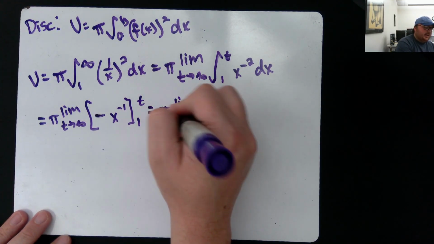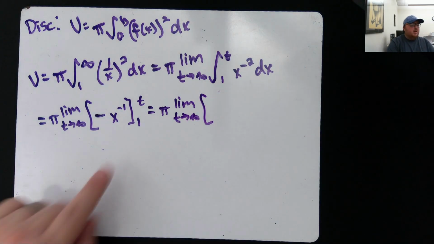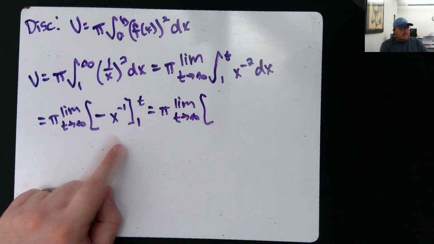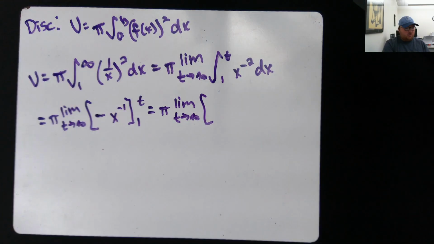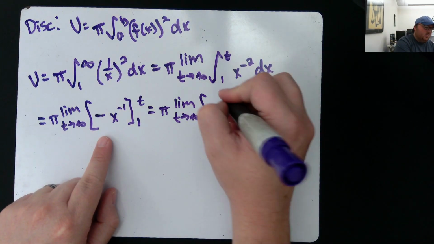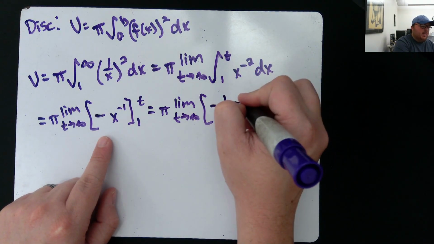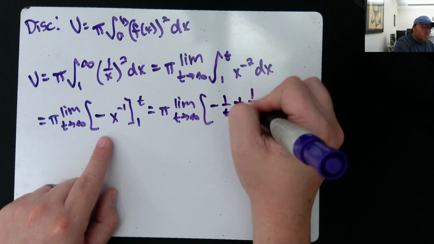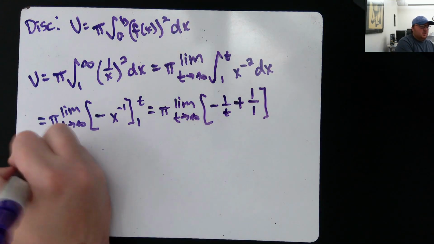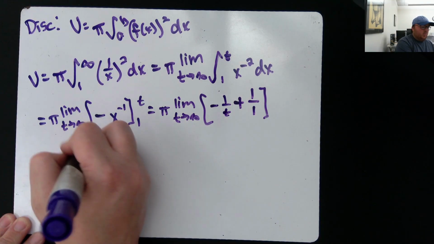Plug in a t. X to the negative 1 is like saying 1 over x, so this is going to be negative 1 over t. Minus would make it plus 1 over 1, and 1 over 1 is just 1.